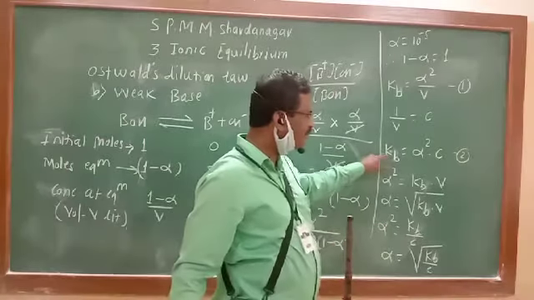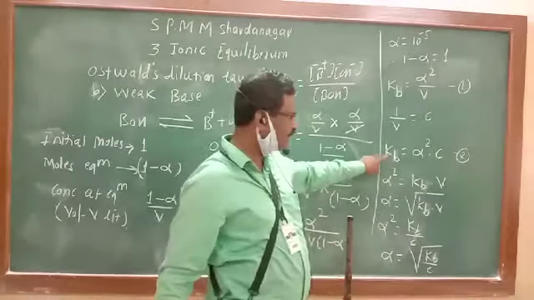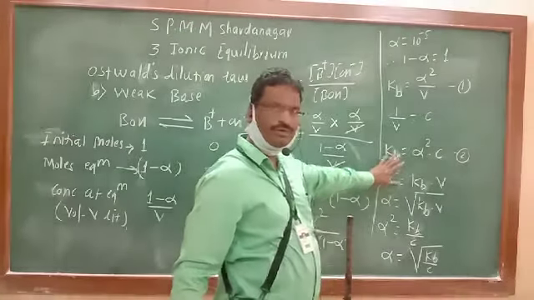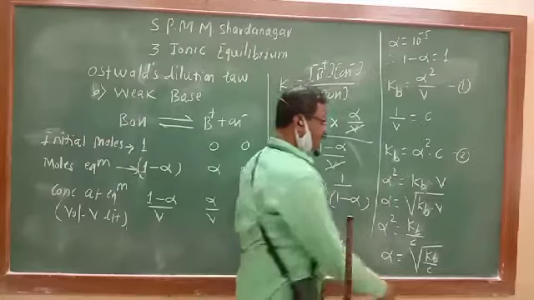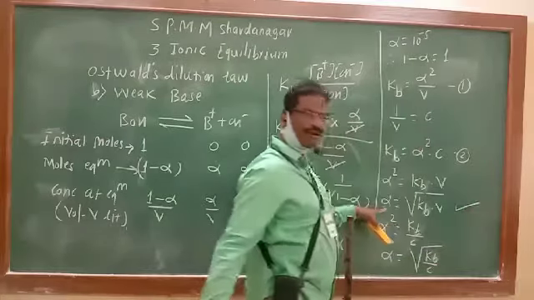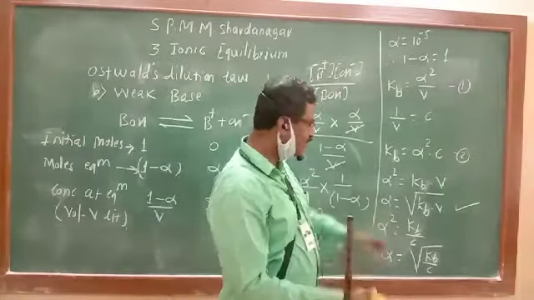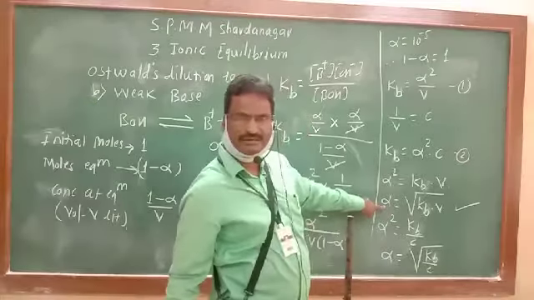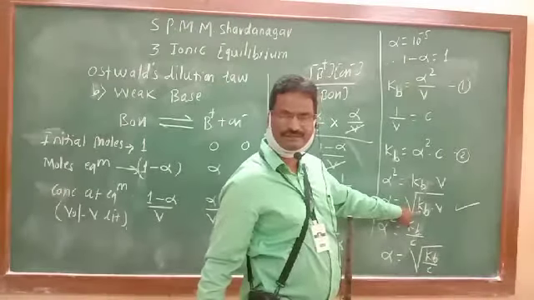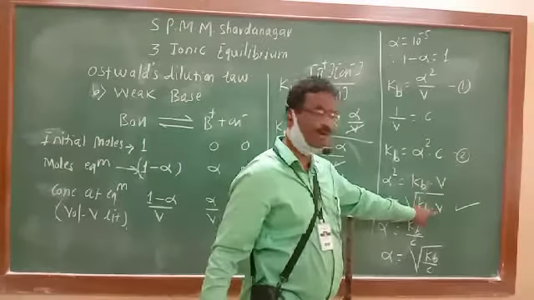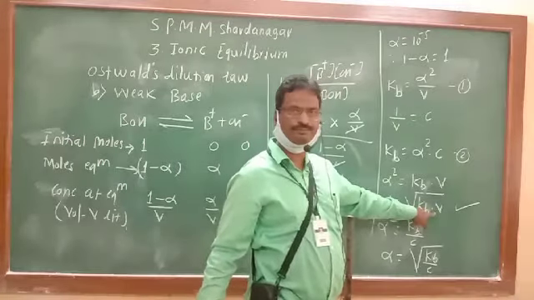Here also the dissociation constant can be explained, depending on the degree of dissociation, by this equation. Here Oswald dilution law can be stated as: degree of dissociation is directly proportional to the square root of the dissociation constant as well as directly proportional to the square root of volume.